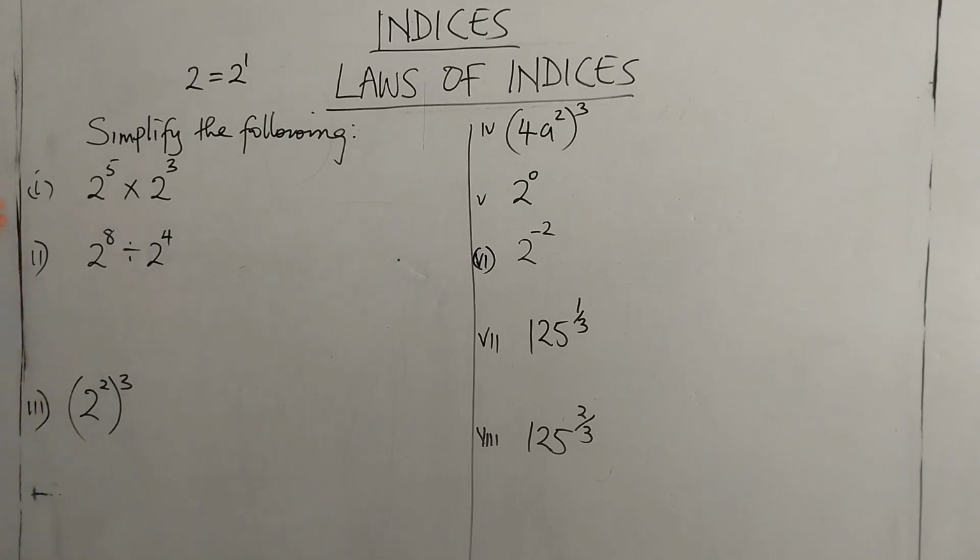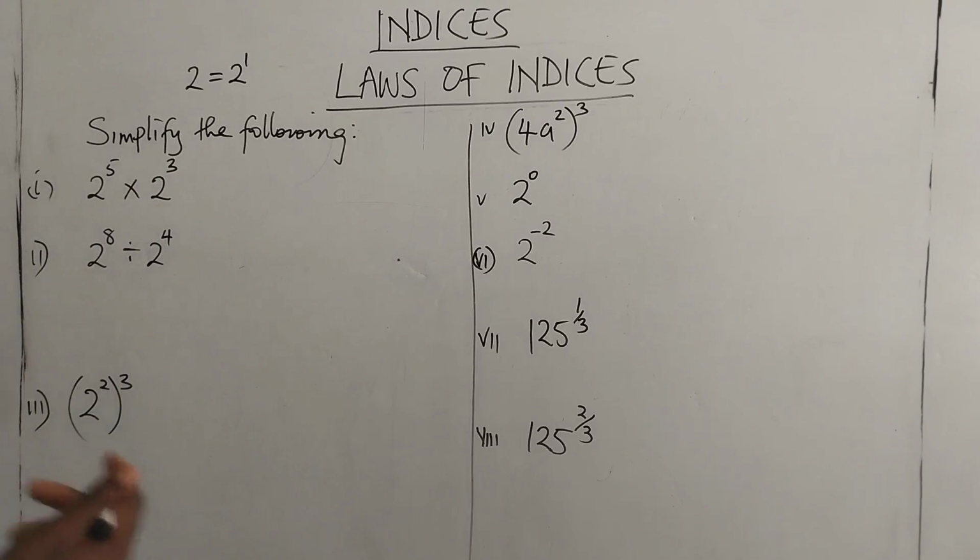Now, on the board, I have 8 questions we're going to use to illustrate the laws of indices. Number 1 says 2 raised to power 5 times 2 raised to power 3.